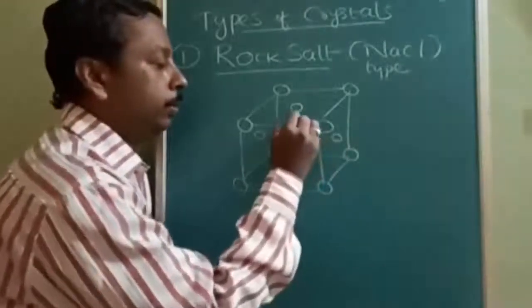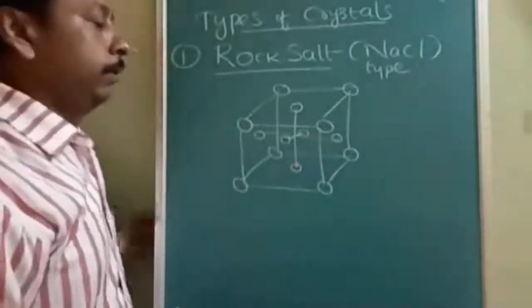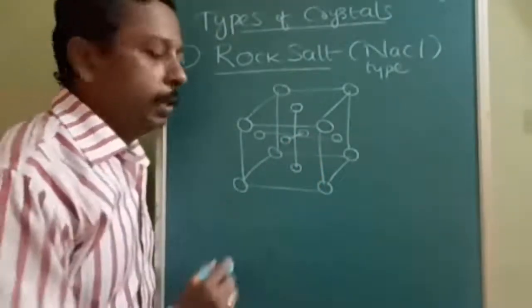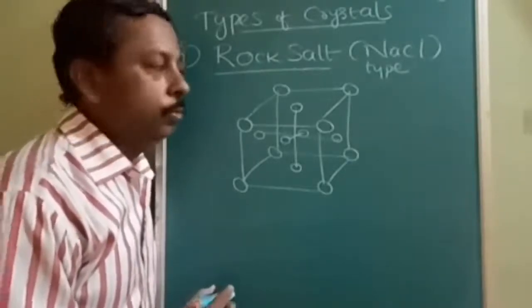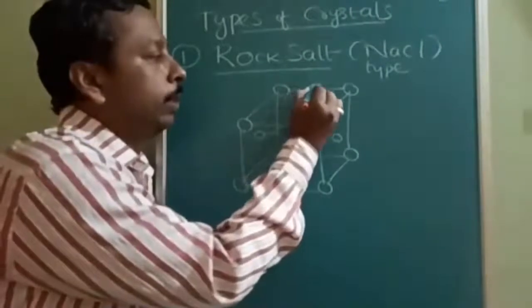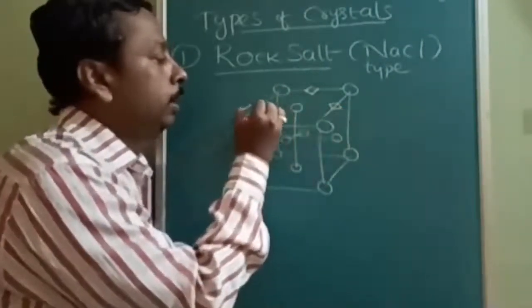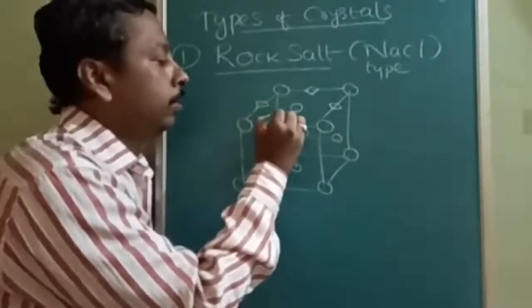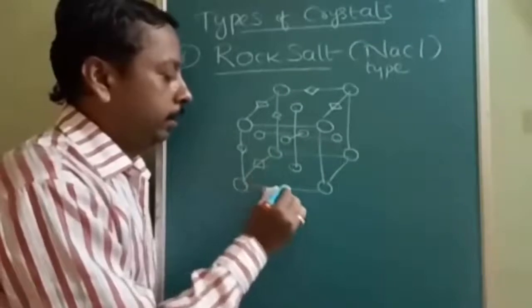Any doubt into this? Whatever I have made so far is only chlorine. Now I have to draw sodium. So sodium will be available at all edge centers: 1, 2, 3, 4, 5, 6.